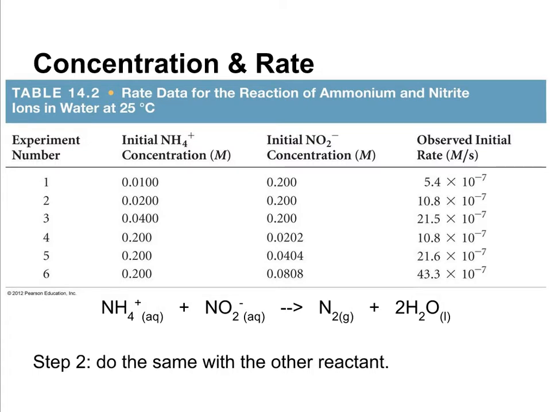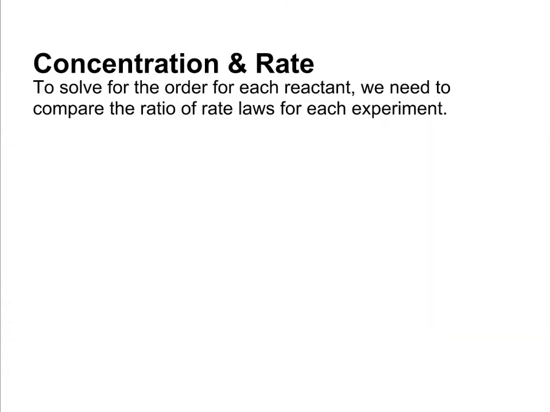To solve for the order for the nitrite ion, NO2, we could use experiments 5 and 6 because the ammonium concentration stayed the same, but the nitrite concentration changed. So to solve for the order for each reactant, we need to compare the ratio of rate laws for each experiment.